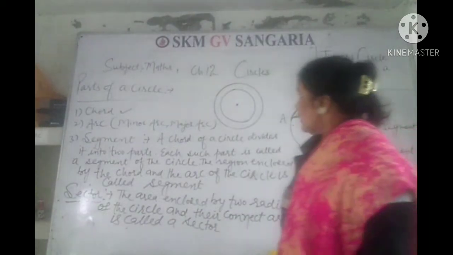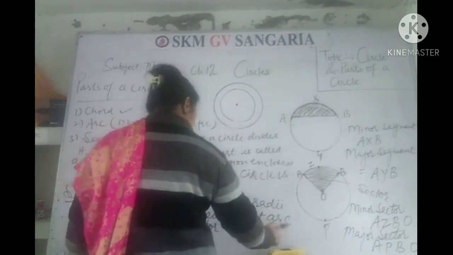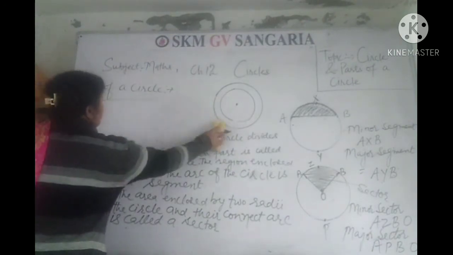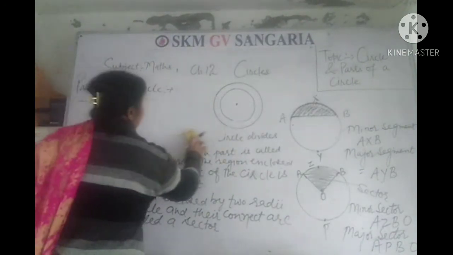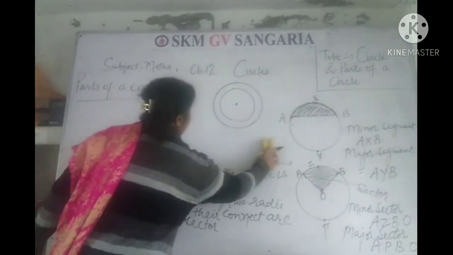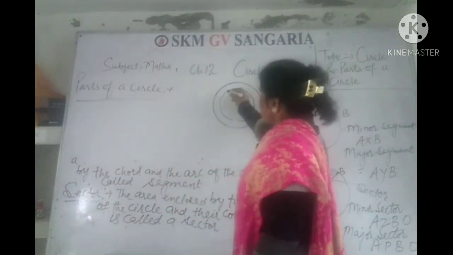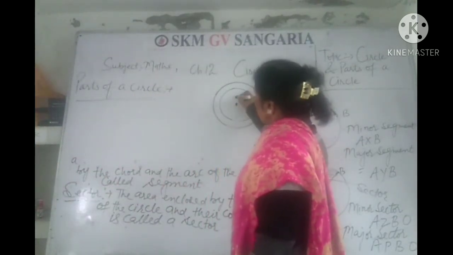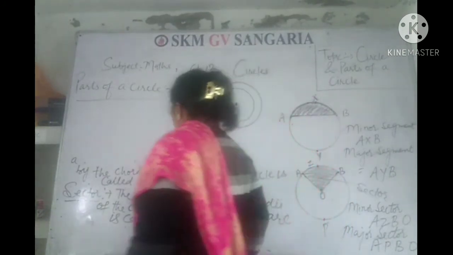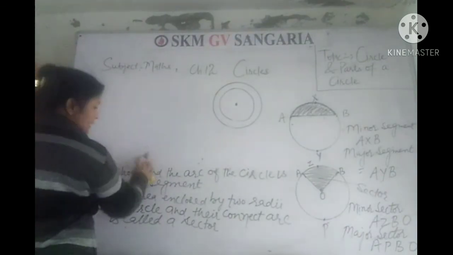Then one more thing about the concentric circles. Concentric circles are the circles which have the same center. Here two circles are there and the center of both these circles is the same.